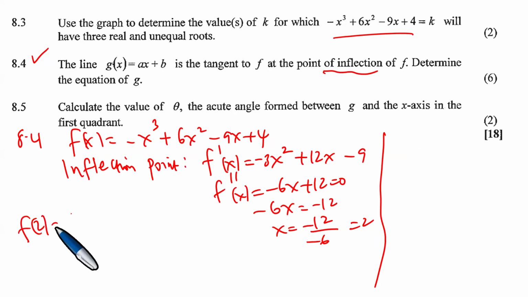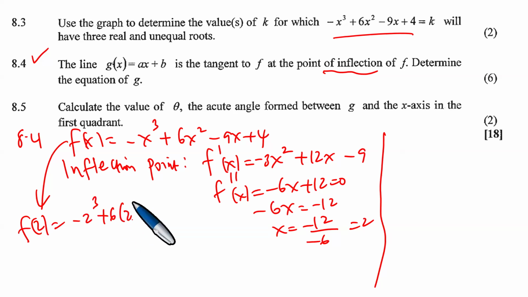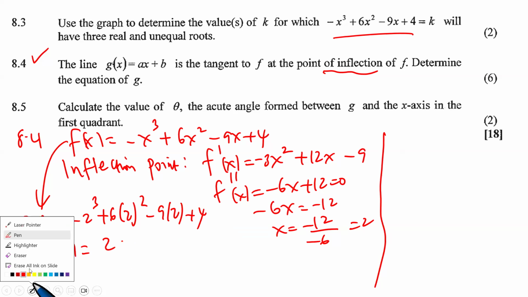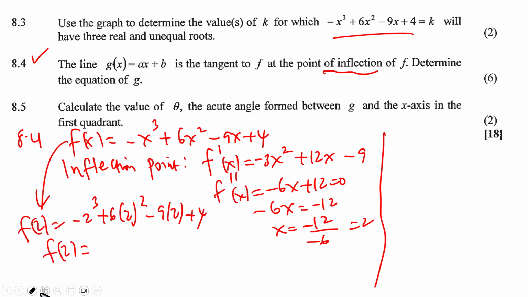So you have f of 2, substituting: minus 2 cubed plus 6 times 2 squared, minus 9 times 2 plus 4. The result is going to be 2. Let's just check this out, to avoid human error. So this is exactly minus 8 plus 6 by 4, which is 24, minus 18 plus 4.